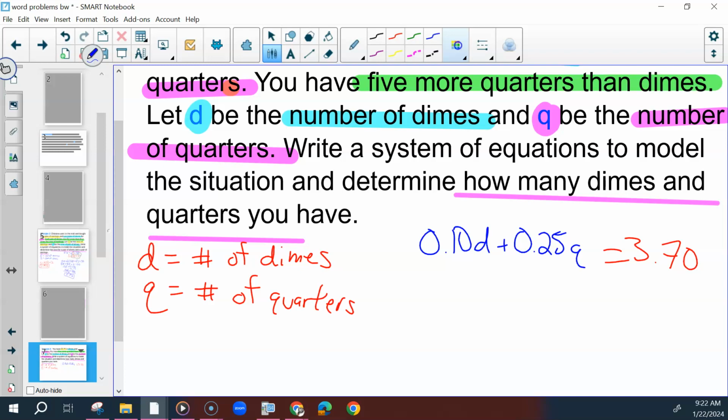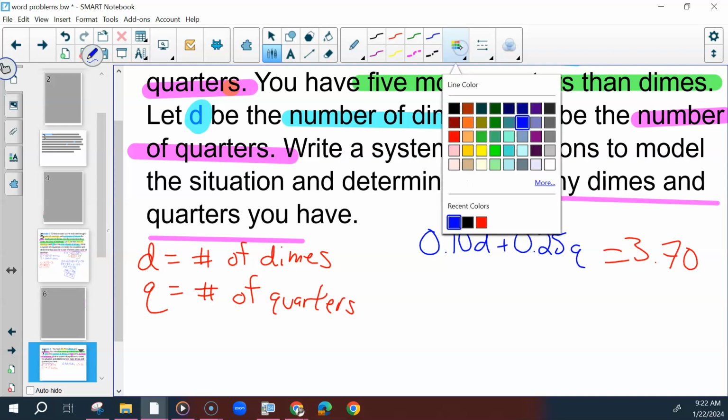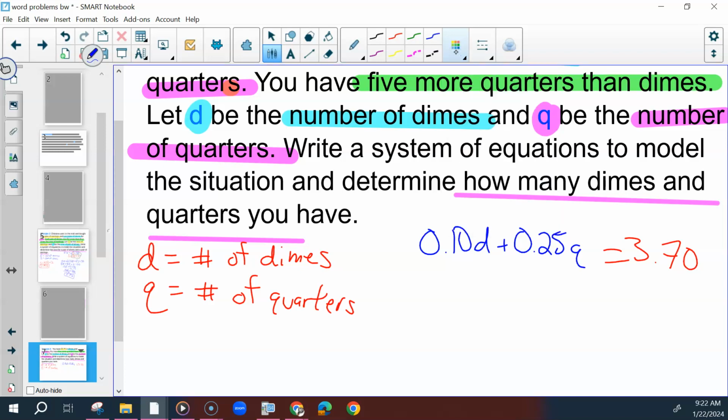Alright, so that's going to be one of them, and you would have to know that because it's not going to tell you to add in the worth. The other one, you have 5 more quarters than dimes. So if I knew the amount of dimes and I added 5 to it, I would get the number of quarters. You kind of have to talk that backwards.